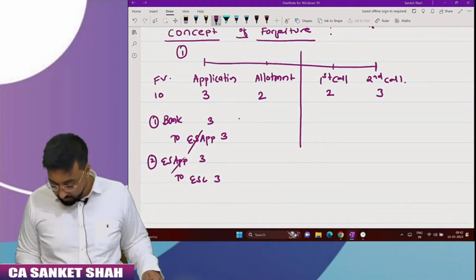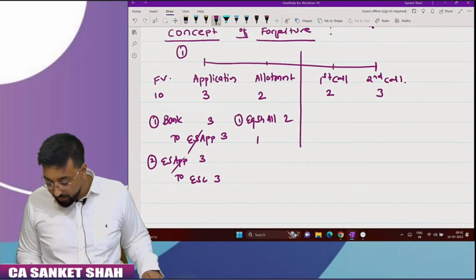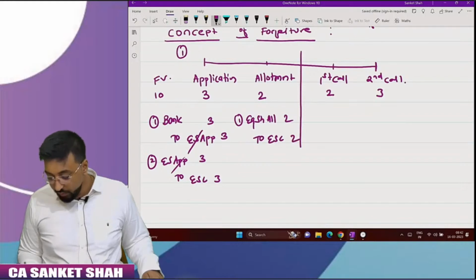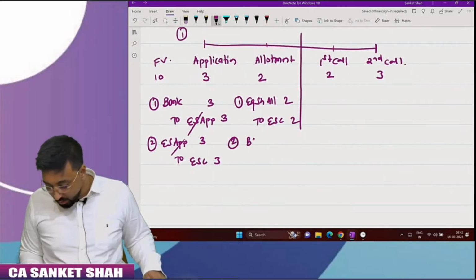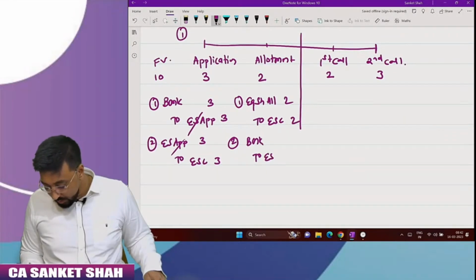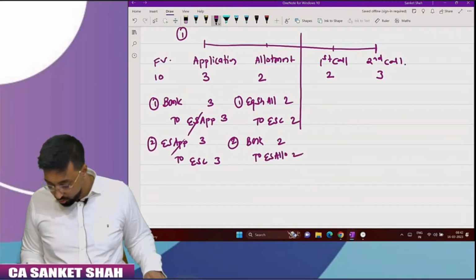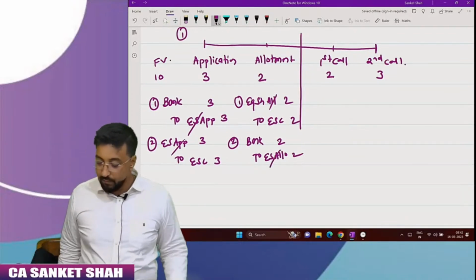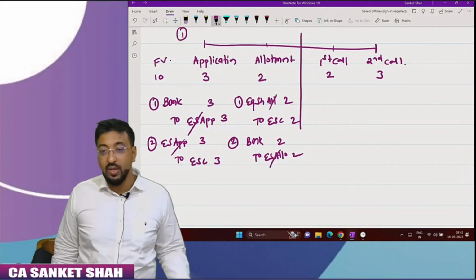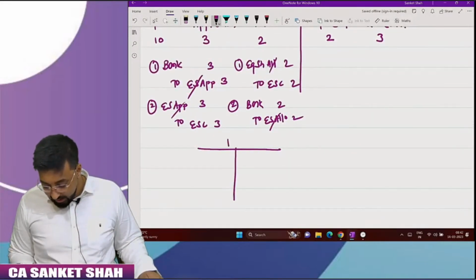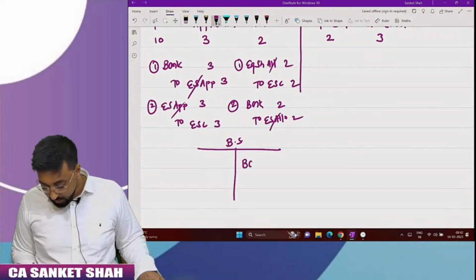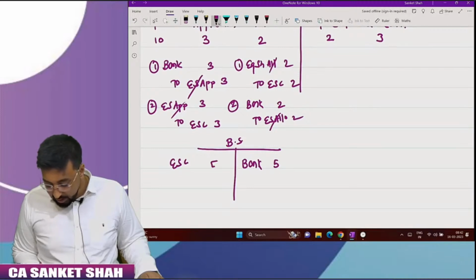Allotment: equity share allotment account debit to equity share capital 2, and bank account debit to equity share allotment 2. Okay, so we call the amount. So see how our balance sheet is getting tallied. Bank 5, equity share capital 5.